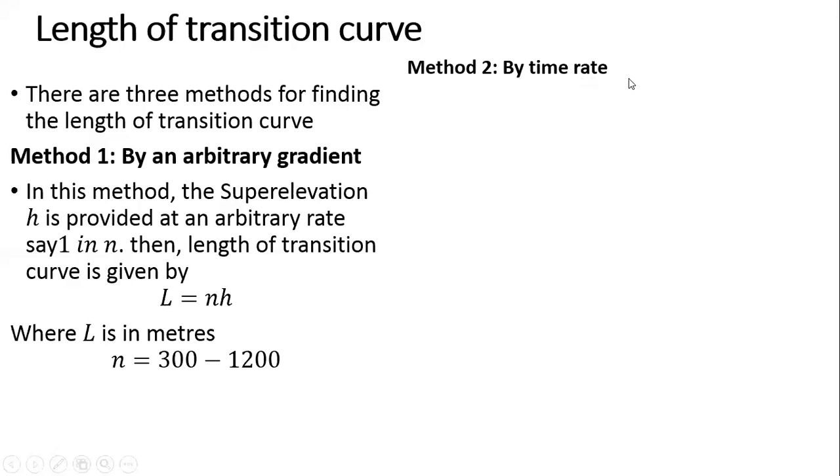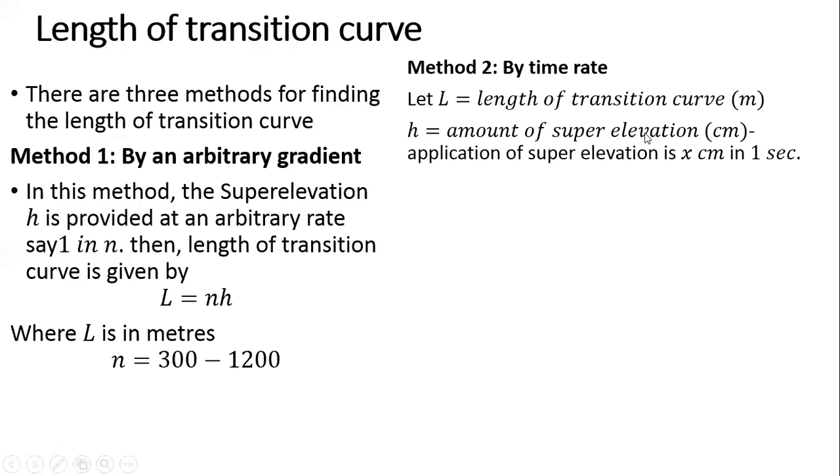So the second method is by time rate. Now what is this? L is again the length of transition curve in meter. H is the amount of super elevation in centimeter. What is the meaning of time rate here?